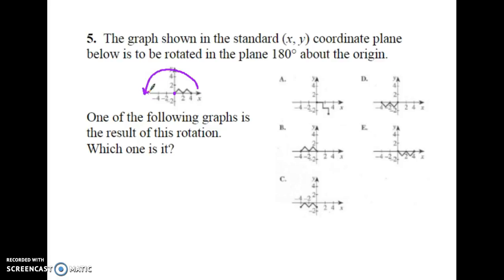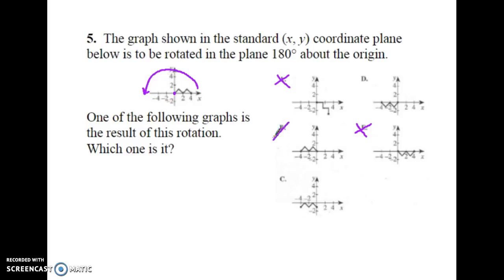As you can see from your answer choices, you can start eliminating, because essentially this graph that's on the right-hand side of the coordinate plane, when you rotate it 180 degrees, will be onto the left-hand side of the coordinate plane. So you can immediately eliminate some answer choices, such as answer choice A and answer choice E. If you completely rotate 180 degrees, some of these points that are above the x-axis here will wind up being below the x-axis as you rotate around.